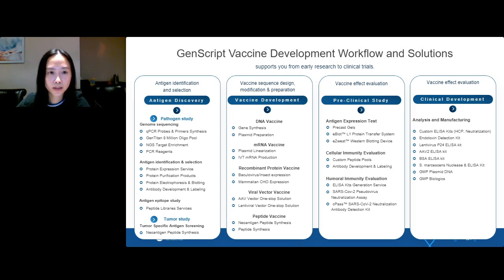And also for some vaccines, you should test the antigen. We have a total solution from precast gels to a protein transfer system, which is called eBlot, and also an automatic Western blotting device called EasyVest.